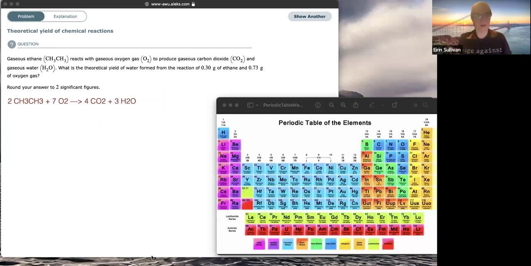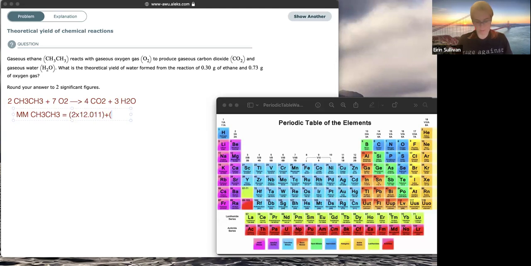So then I'm going to have to get molar masses of each reactant, the ethane and the oxygen, and I've been asked about water, so I'm going to need my molar mass of water as well, okay? So let's just gather some information. So my molar mass of ethane, C2H6, so carbon is 12.011 times 2, and then I've got how many hydrogens?